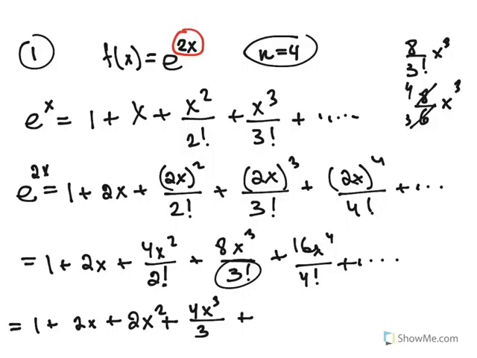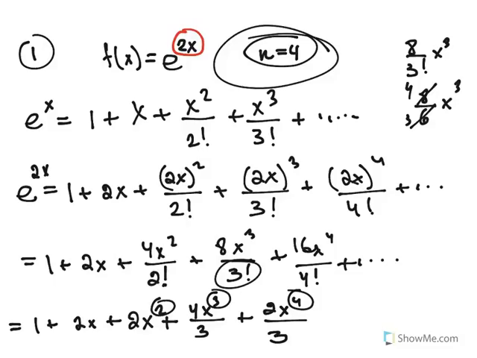And then the last one, 4 factorial, 24, so you simplify and you get 2x to the fourth over 3. Yes. So we have n is 4. So this exponent represents n, and they want only 4. So we're done.